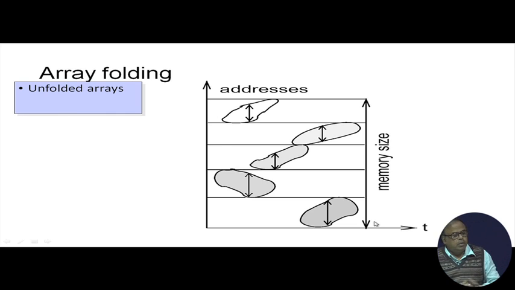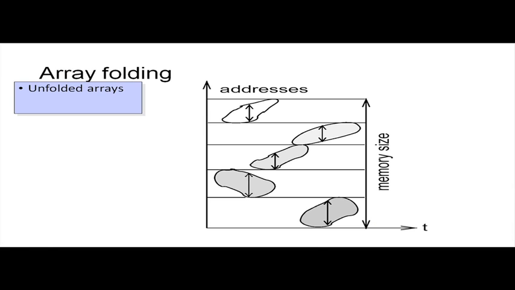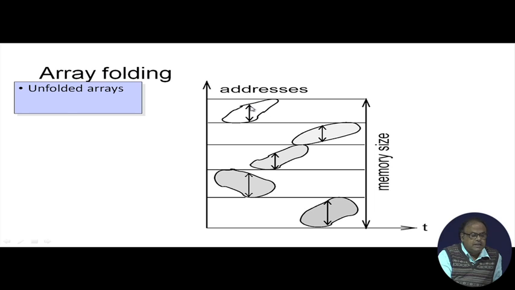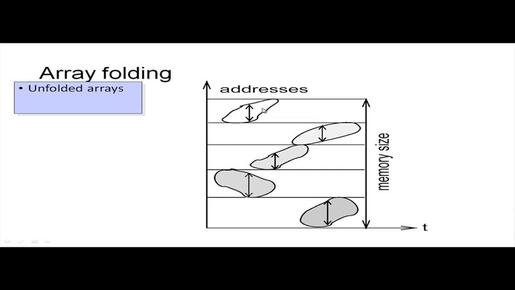But if you look at this diagram, one thing will strike you, that this one is accessing addresses which are overlapping with these, these addresses over time. Now, if I overlay the arrays on the same memory, I can overlay them.